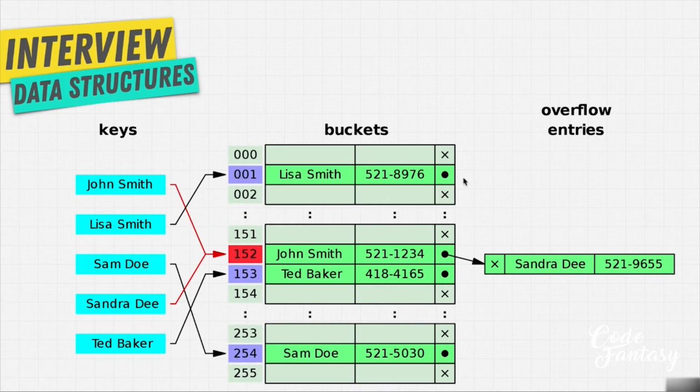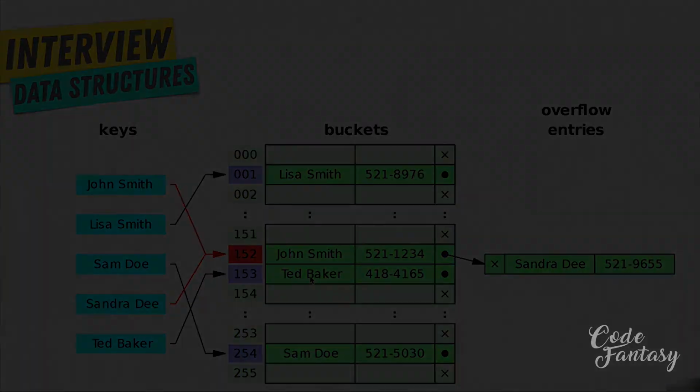When we grab all the values of an object, we start with, let's say, Lisa Smith, which was entered second, then John Smith, then perhaps Sandra D. Sam Doe gets selected last. There is no order like there was with arrays. But there are some versions of hash tables, like maps in JavaScript, that maintain this order of insertion, so that when we loop through items in an object, we have this maintained order.